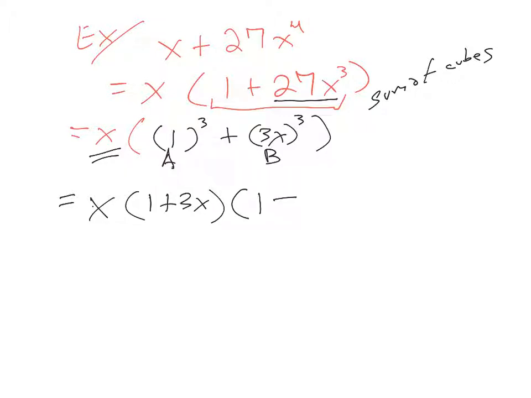Minus. What do you do with a and b now? You multiply. So what's 1 times 3x? 3x. What's my sign? Plus. And what's b squared? 9x squared. All right. So again, I promise you guys could do this. It just takes some time, some repetition.